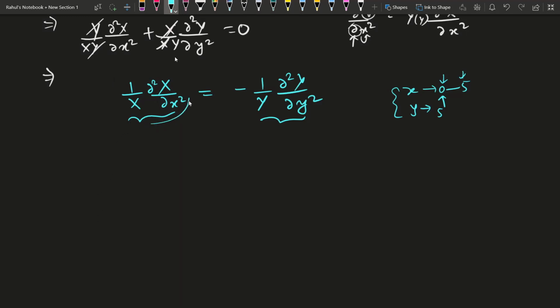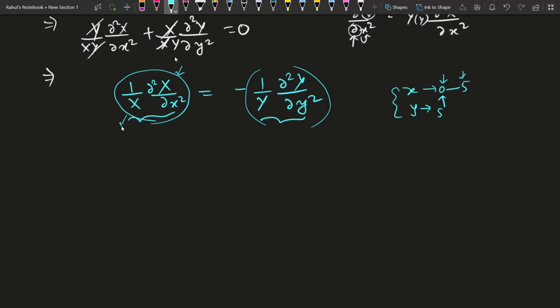This can take values by its own law, and this can take values independently of the change of that. So how can these two things be equal?